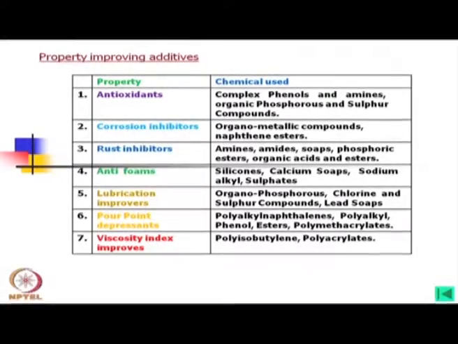For that, complex phenols and amines, organic phosphorus and sulfur compounds are used. Corrosion inhibitors, for that organic metallic compounds, naphthalene esters are used. Rust inhibitors: amines, amides, soaps, phosphoric esters, organic acids and esters.